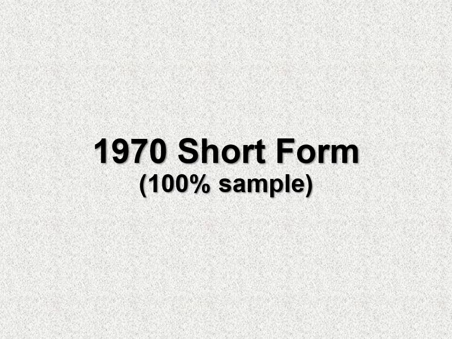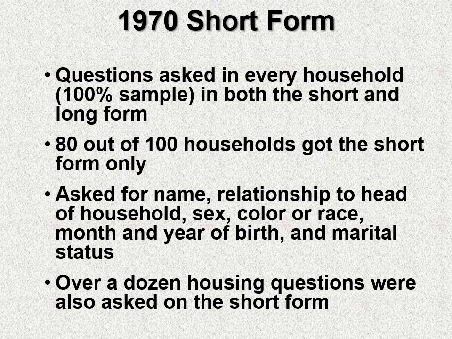So the short form, or the 100% sample, the questions were asked in every household. And the questions were also asked on the long form. But 80 out of 100 households got the short form only. So they only had about 5 questions.